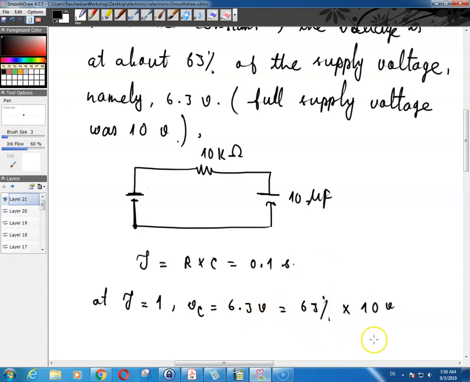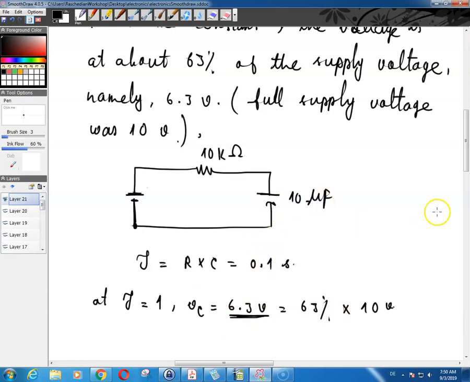So at one time constant, which is in this case 100 milliseconds or 1/10 of a second, the capacitor has charged all the way up to 6.3 volts.